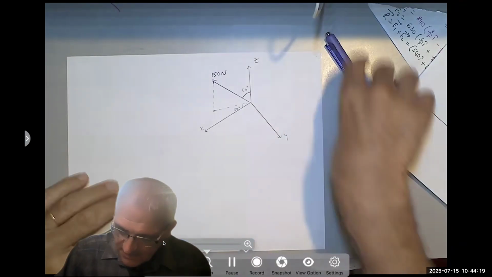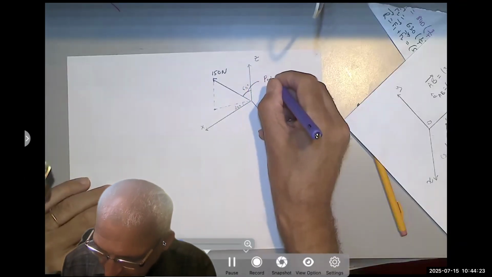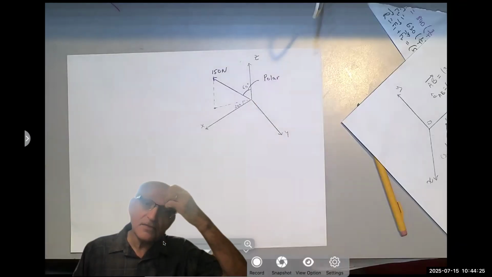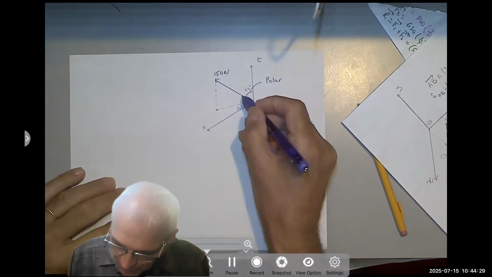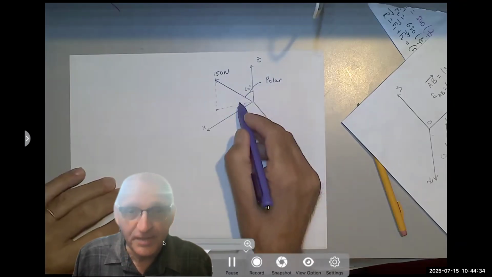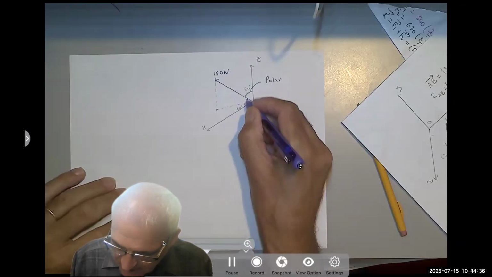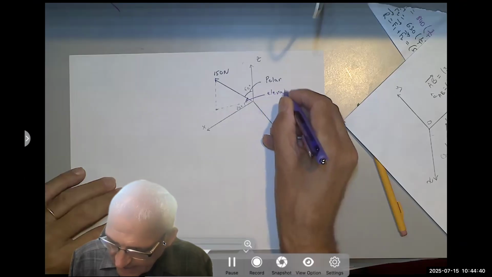Basically, this angle right here, we usually call it the polar angle. Sometimes we give you its complement, which is that angle. Of course, if this is 60, that would be 30. This angle right here would be called the elevation angle. Why elevation?